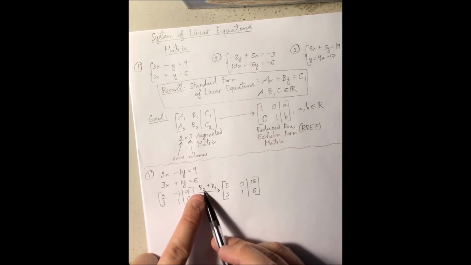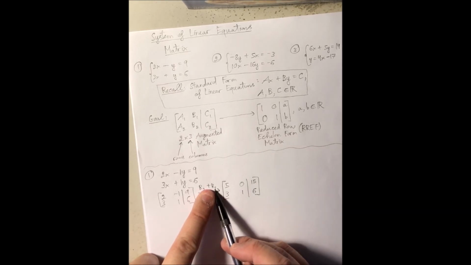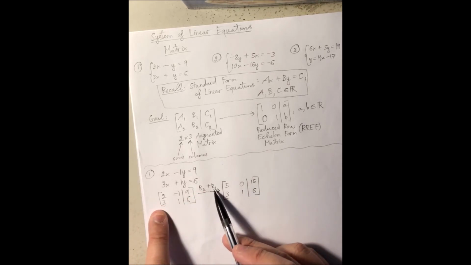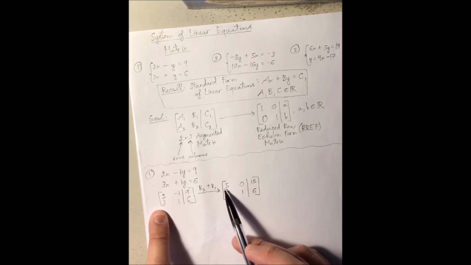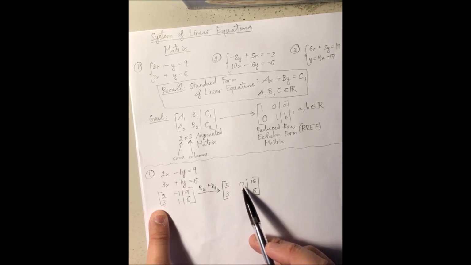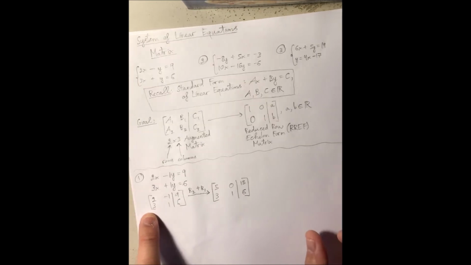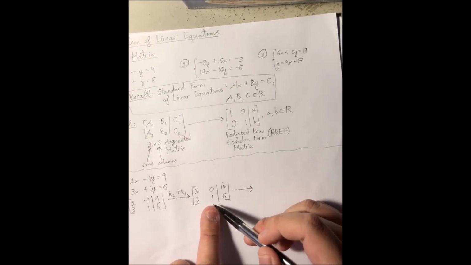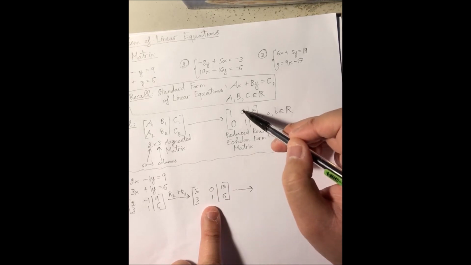So, I'm taking row number 2, adding it to row 1, means row 2 stays the same, and row 1, which is being added to, will change. So my new row 1 is 5, 0, and 15. Now I get positive 1 and 0 as shown right here.